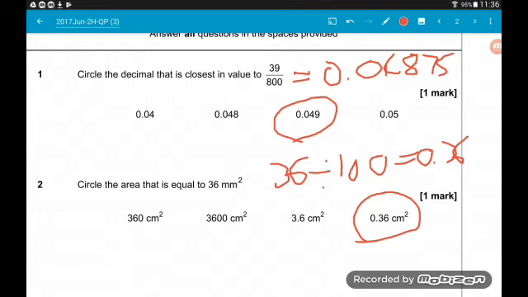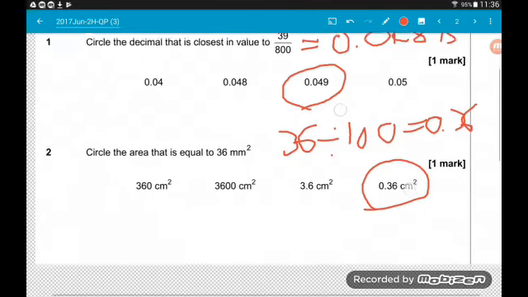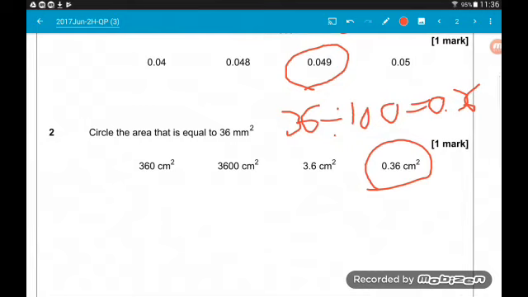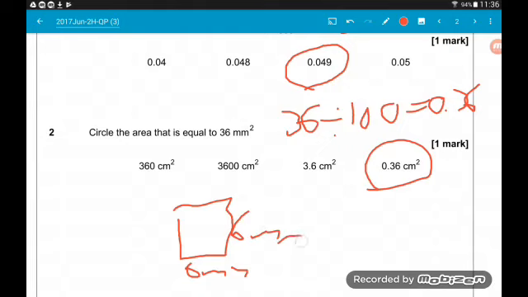Now I know that can be quite confusing, so let's have a look at another way of doing it. Let's get ourselves a shape that has an area of 36 millimeters squared. 36 is a square number, so I'm going to use a square here. That's going to have sides 6 millimeters times 6 millimeters.